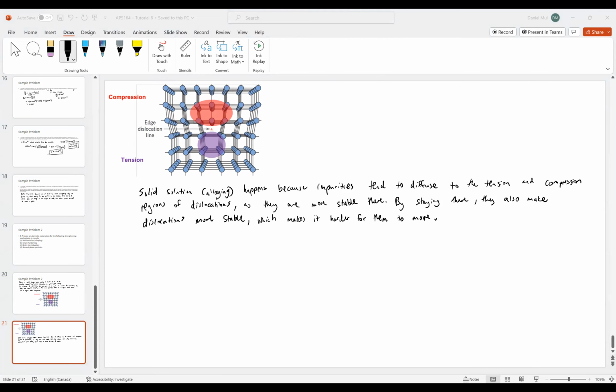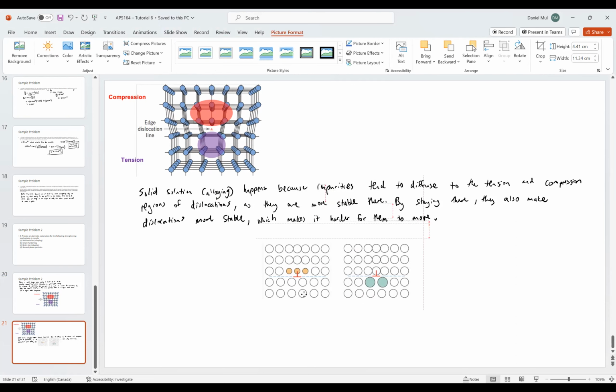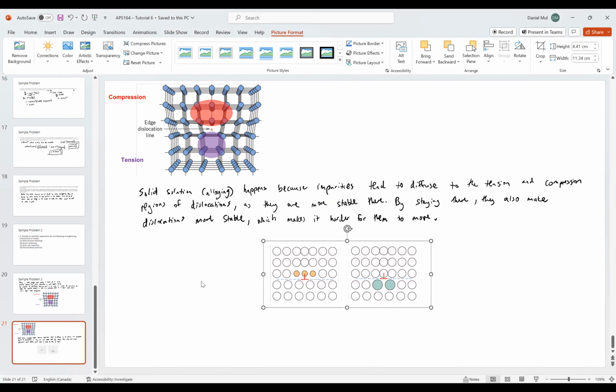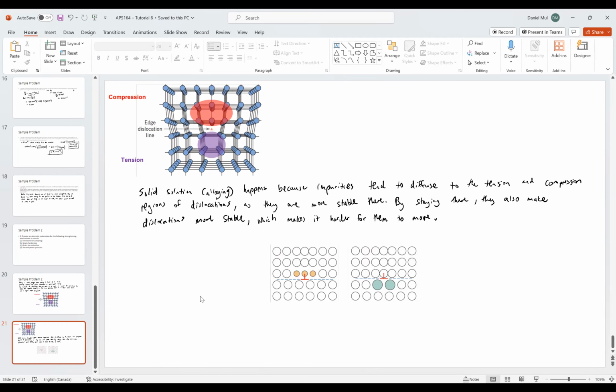So that's shown here. Where we have this edge dislocation line, that's here.